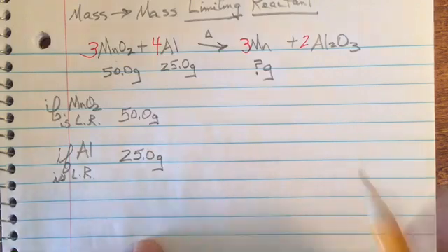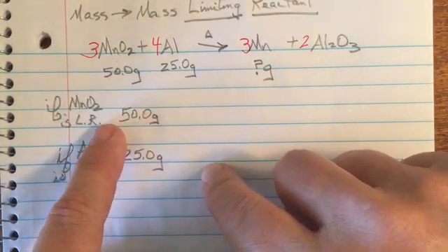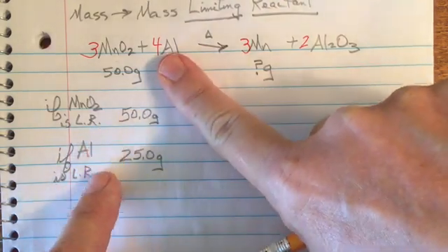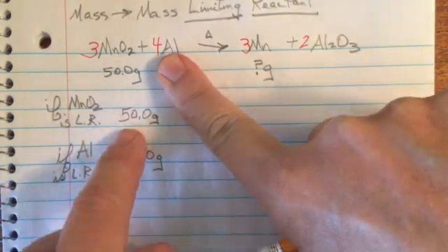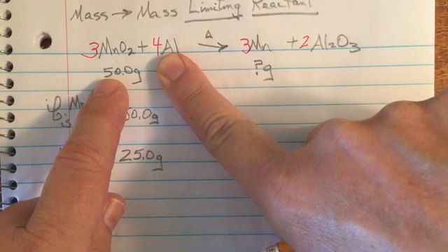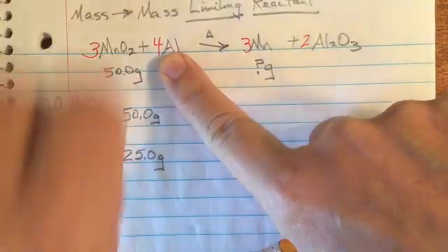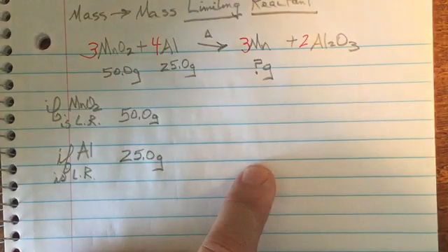So once again, let me show you the setup. For the first 3-step calculation, mass to mass, I'm going to put my finger over this number here. I'm going to determine how many grams of manganese is produced if I start with 50 grams of manganese oxide. Then in the second part, I'm going to put my thumb over this number and say, what if aluminum's a limiting reactant? I have 25 grams of aluminum. How many grams of manganese will I produce?